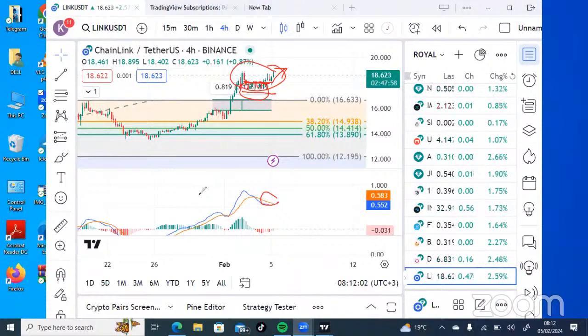Okay, thank you, Mr. Coach Julius. I want you to look at the coin COS USDT by using this MACD. Can you analyze the coin? What have you said?